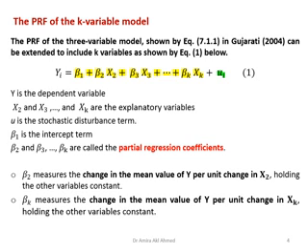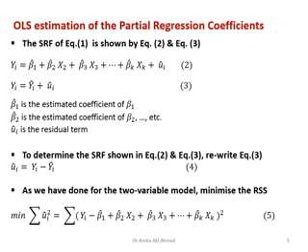In order to estimate the parameters of the k-variable regression model shown by equation 1, we adopt the method of ordinary least squares introduced in chapter 3. As you already know from chapter 3, the population regression function shown by equation 1 is not directly observable.